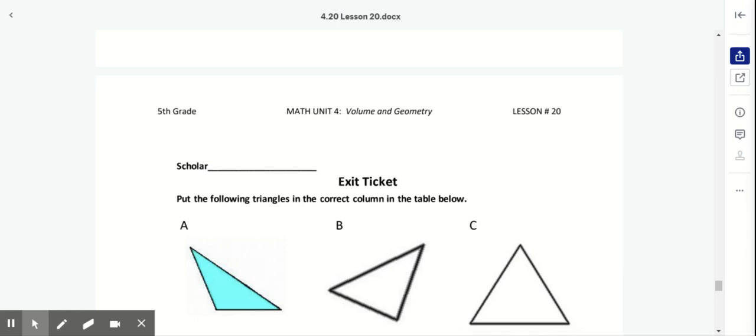If you need any clarification, make sure you're asking questions and specific questions. And also remember that in order to move on to your exit ticket questions, you must know the secret code. Hope you guys have a wonderful day.